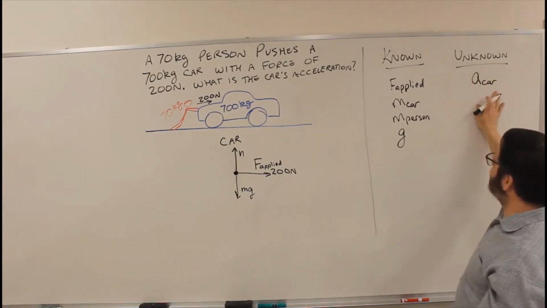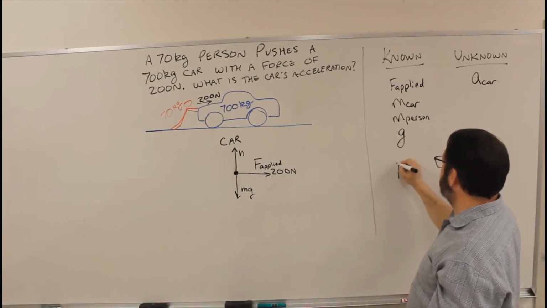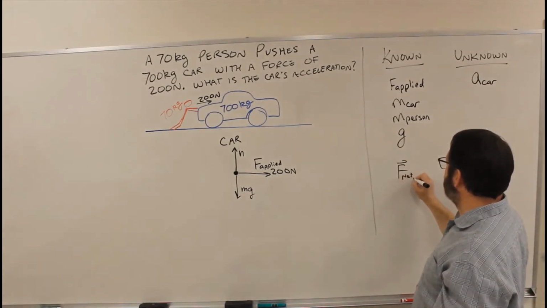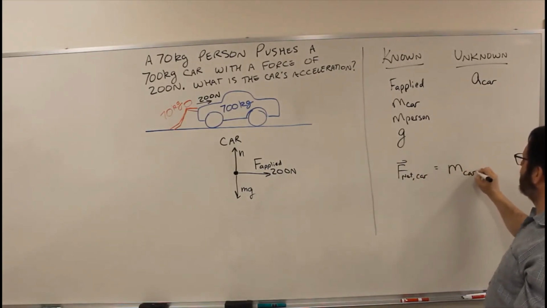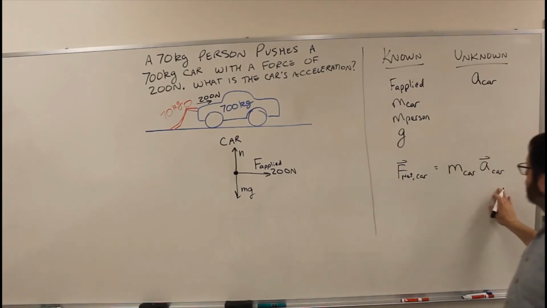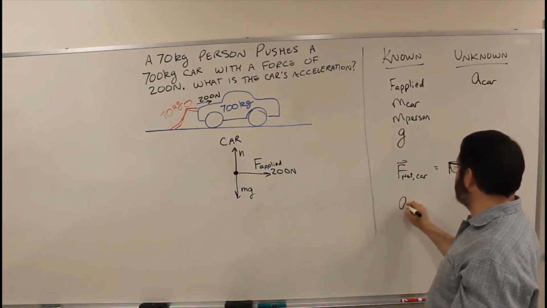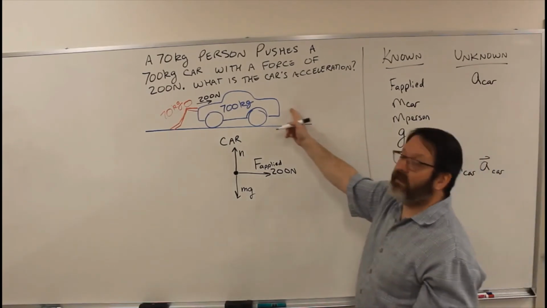So if we're looking for acceleration of the car, we are going to want to use F net for the car equals m of the car, a of the car. So acceleration of the car. The acceleration of the car will be in this direction.